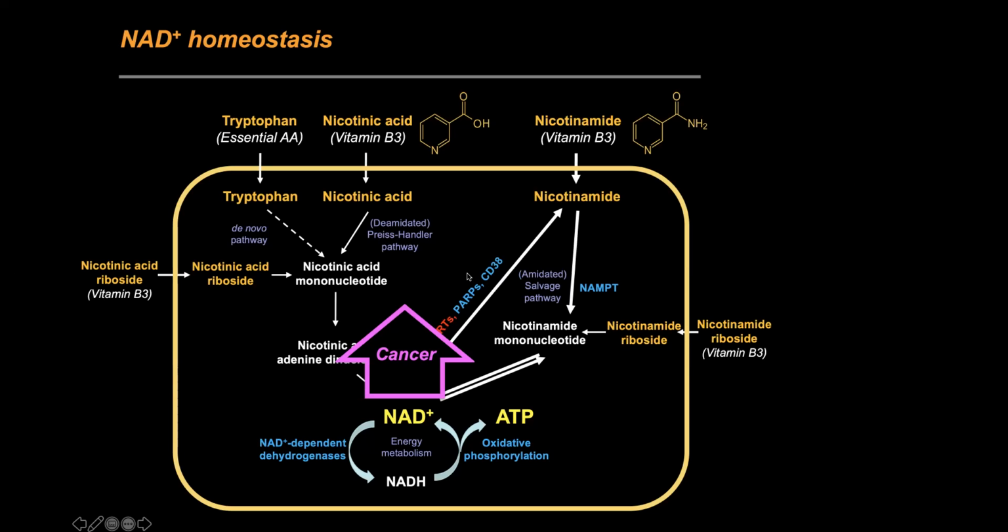As a result, several chemical inhibitors targeting NAMPT, the rate-limiting enzyme in the salvage pathway, have been developed for potential cancer treatment. On the other hand, it has been shown that NAD level decreases during aging, and this reduction is believed to be associated with a number of age-related diseases, particularly neurodegenerative diseases.